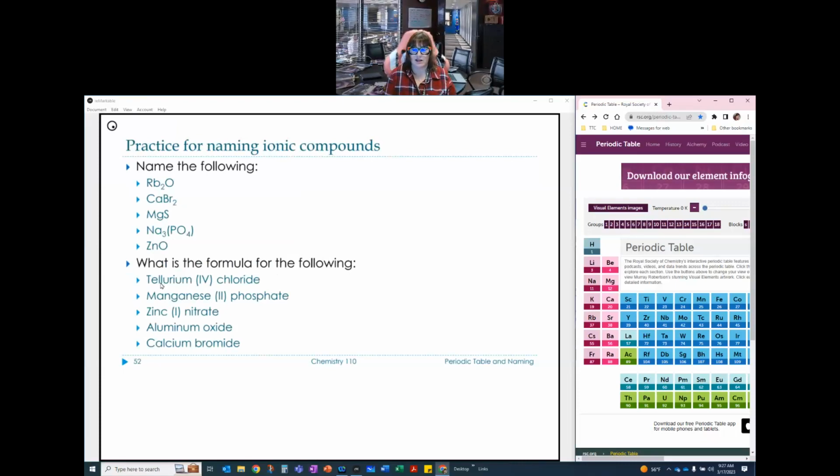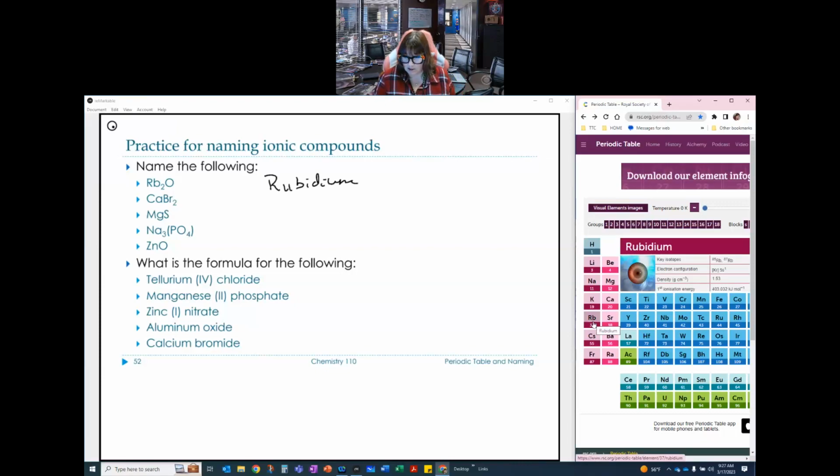Okay. So practice. We're going to name the following, and I'm going to go through the first one in each of these and then ask you to do the rest of them, and I'll come back and work through the answers. So I have Rb2O. So Rb is over here. His name is rubidium. Rubidium, because he's written first, so I'm going to write his name like that.